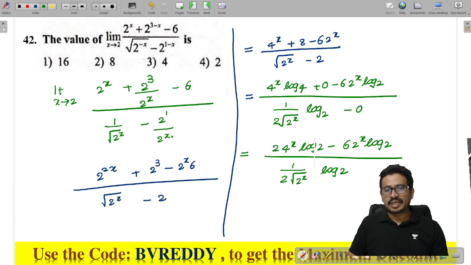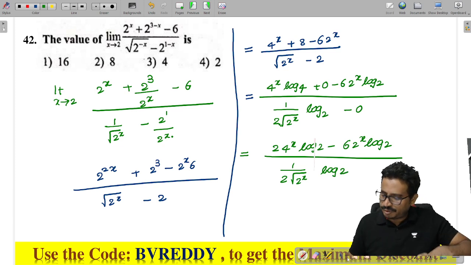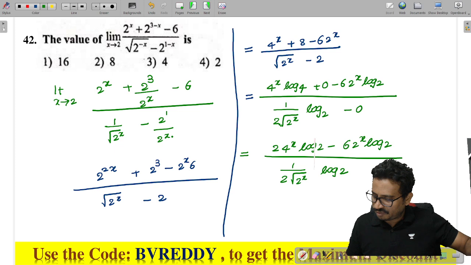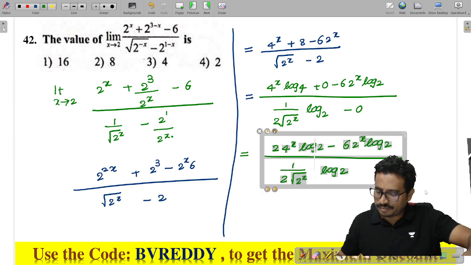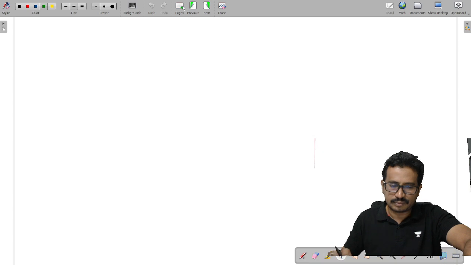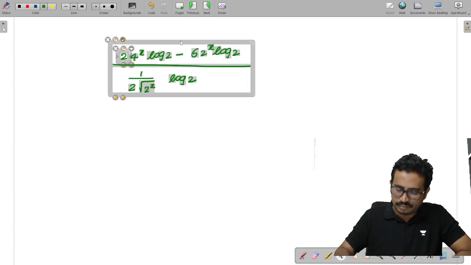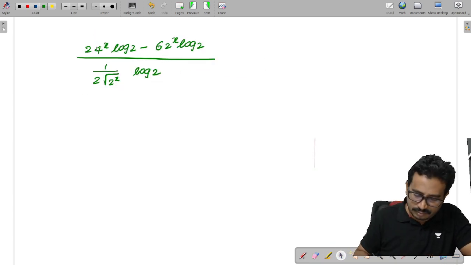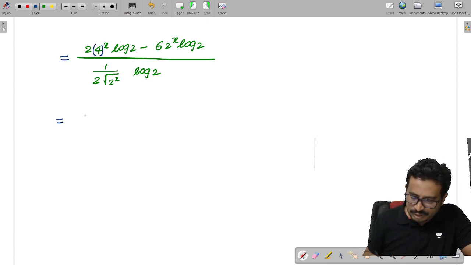So I can cancel the log 2 on both sides. If I cancel this log 2 here, tell me what is left out.